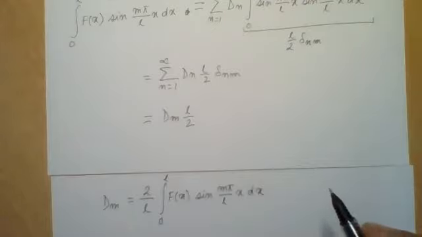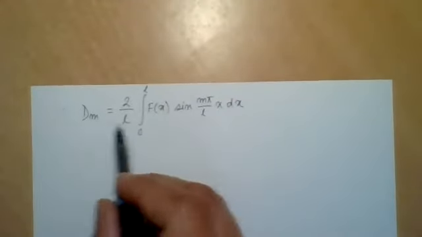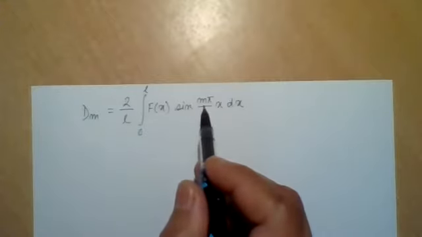Okay. This can also be written as, so we can replace m by n. So m is any integer from 1 to infinity.